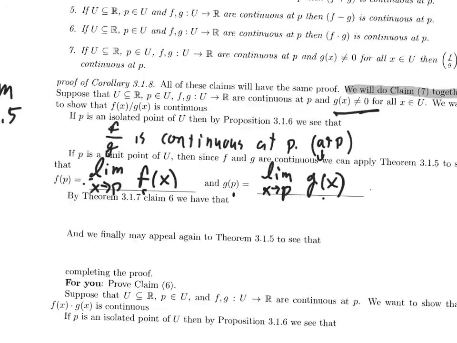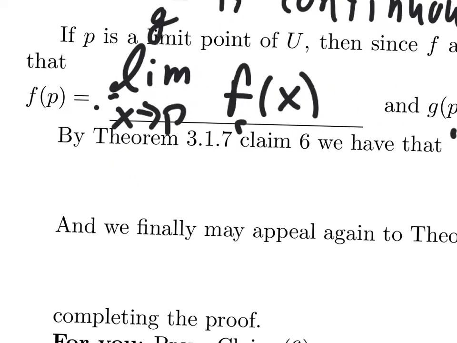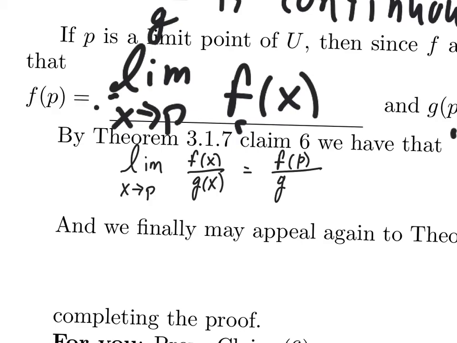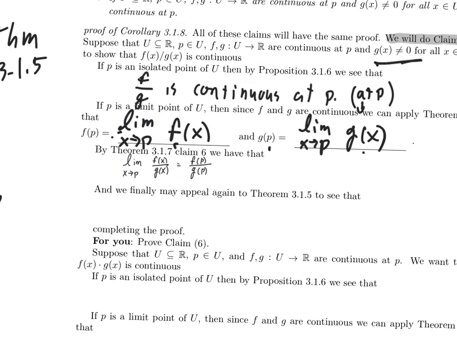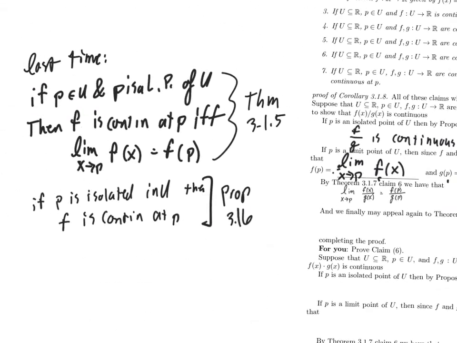Sorry, maybe I'll figure out how to zoom correctly. The limit as x approaches P of f of x divided by G of x is equal to the limit of f of x divided by the limit of G of x, so that I can again appeal to theorem 3.1.5.